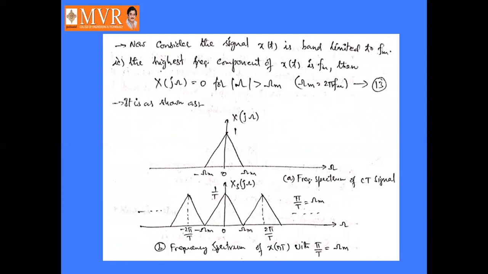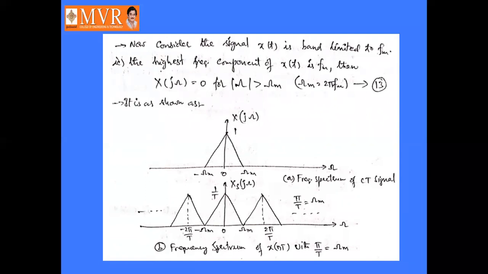So it can be represented diagrammatically as X of j omega like this. It is band limited to Fm, that is minus omega m to plus omega m. That is the frequency spectrum of the continuous time signal.